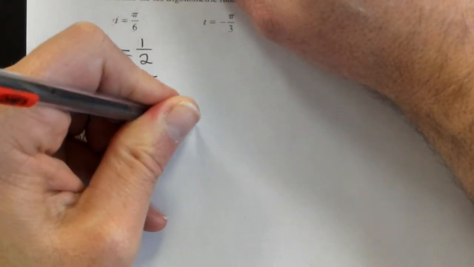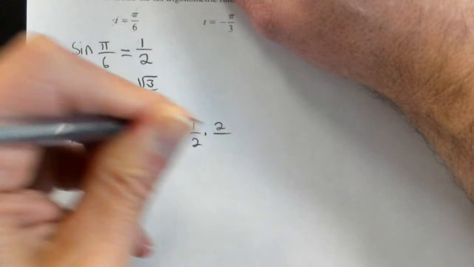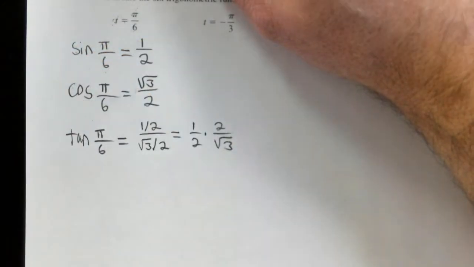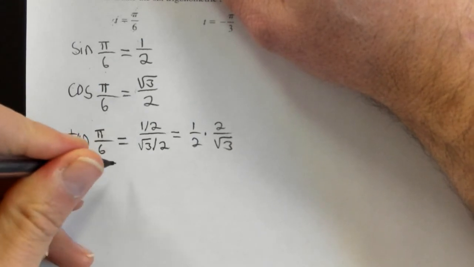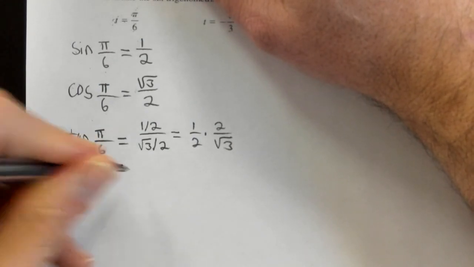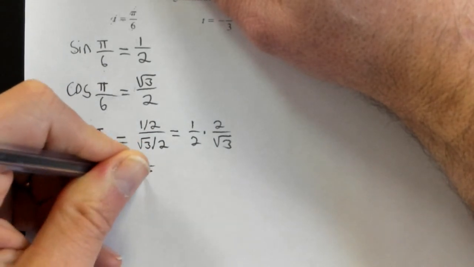expression? Well, remember, when you divide by fractions, that's the same thing as multiplying by the reciprocal. So let's do that first. So I'll flip the bottom and go 2 over square root of 3. Okay. So when I do that now, the 2's will cancel, and that leaves me with 1 over square root of 3.